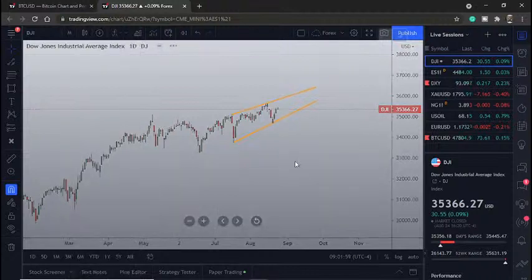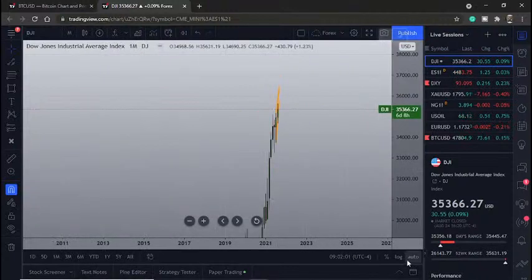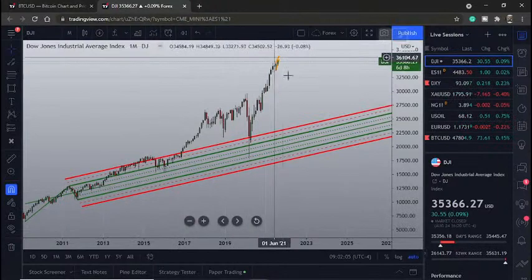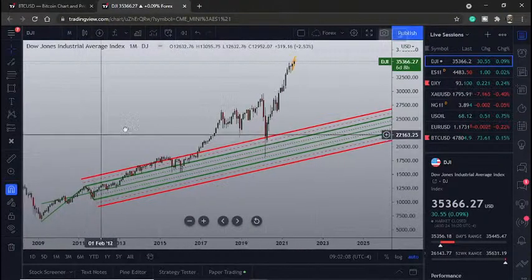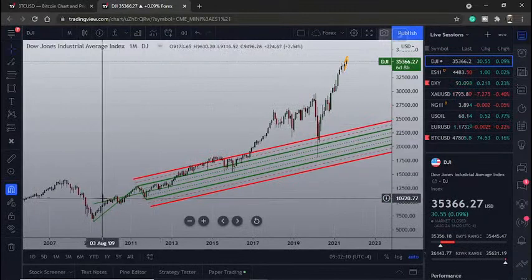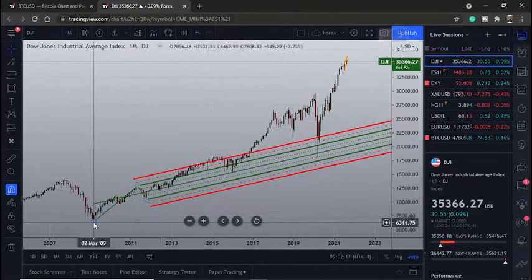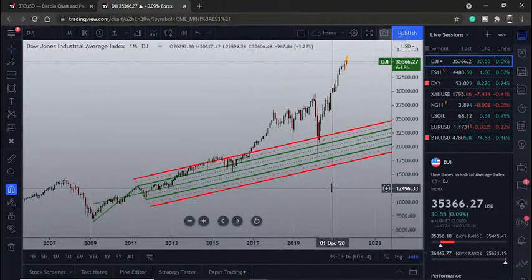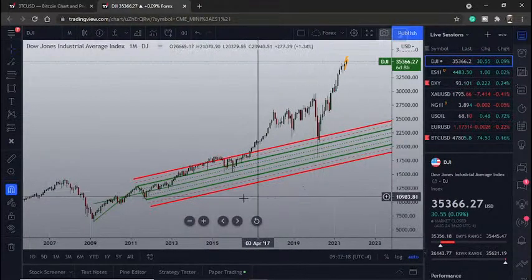I want to switch to a 1 month chart and have a look at this massive parabolical move that we're seeing to the upside over here. Now, I want to anchor the pitchfork, and this is now set to the auto, so this is not a log scale. I'm going to discuss the log scale a little bit later.